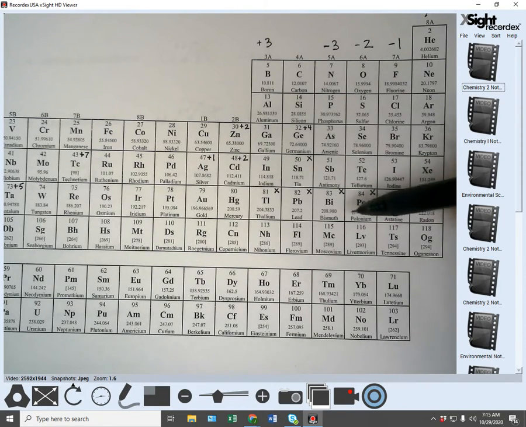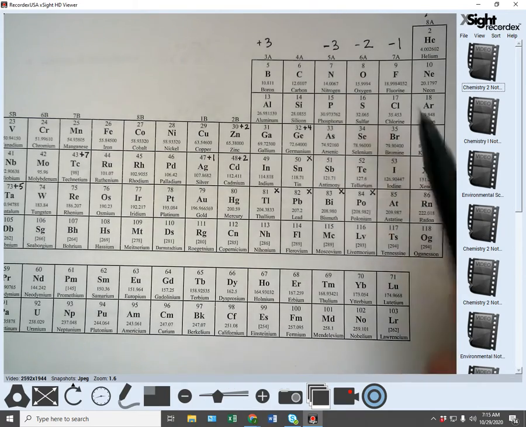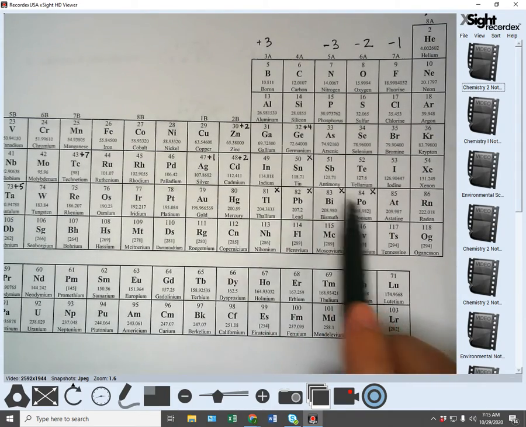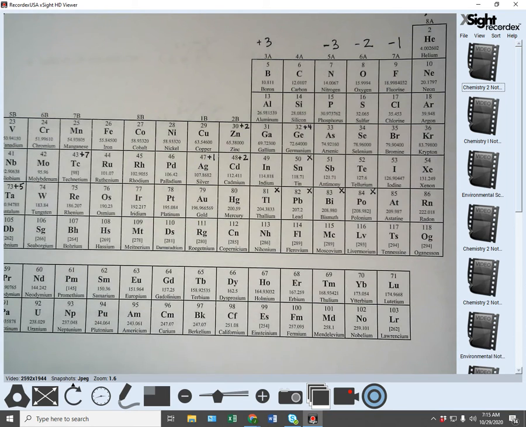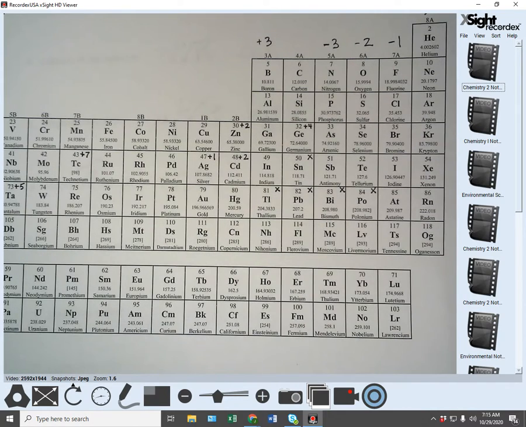But we don't know the charge because they can have more than one charge. So if you are given one of these 5, you will also be given a Roman numeral. That will tell you what the positive charge on those elements would be if you're making the formula. Okay.